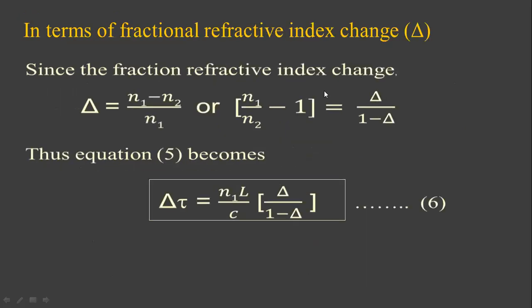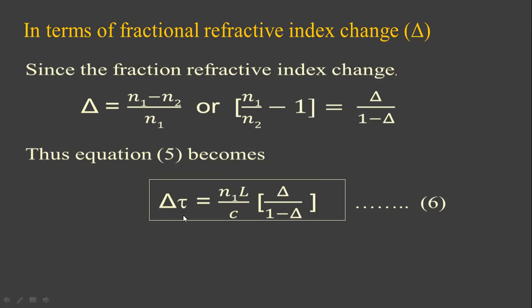So in terms of the fractional refractive index change delta, this equation can be written. Delta is equal to N1 minus N2 upon N1. We know this relation from earlier sessions. In equation 5, this N1 by N2 minus 1 is replaced with delta divided by 1 minus delta.